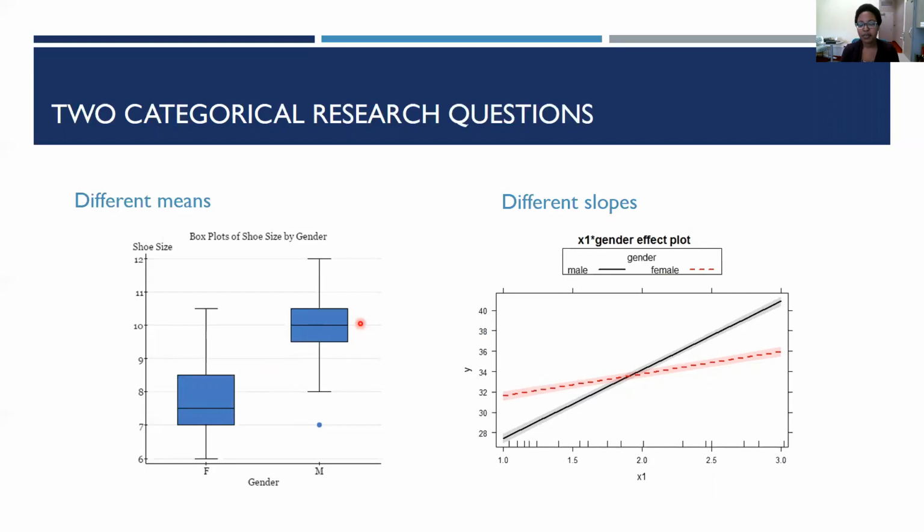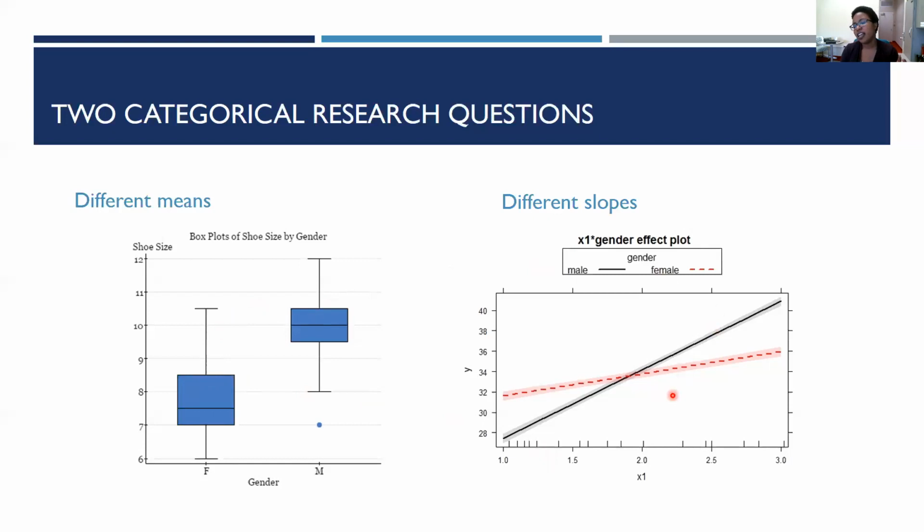Okay, yeah, so that's really one interesting kind of question. But another type of question you can ask is, okay, I have two variables. How do two groups differ in the relationship between those two variables? So in this case, what we have is different slopes. So these are different means, and this is different slopes.